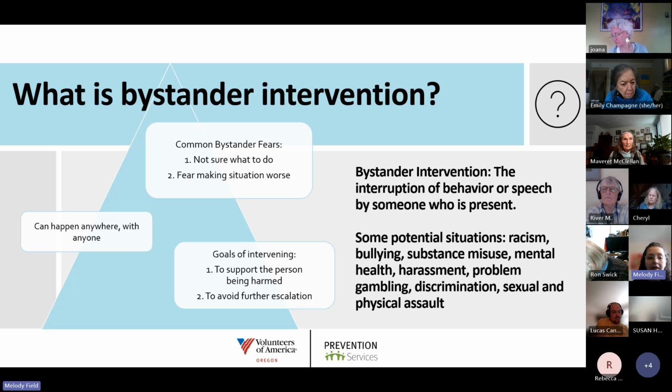But really, the goal is to support the person that's being harmed and to avoid further escalation. So, really trying to figure out what the least harmful thing to do is, while also intervening. And in the type of work that you do, I'm sure that you've seen that this can happen to anyone, anywhere, which is why we like to give this training to folks.